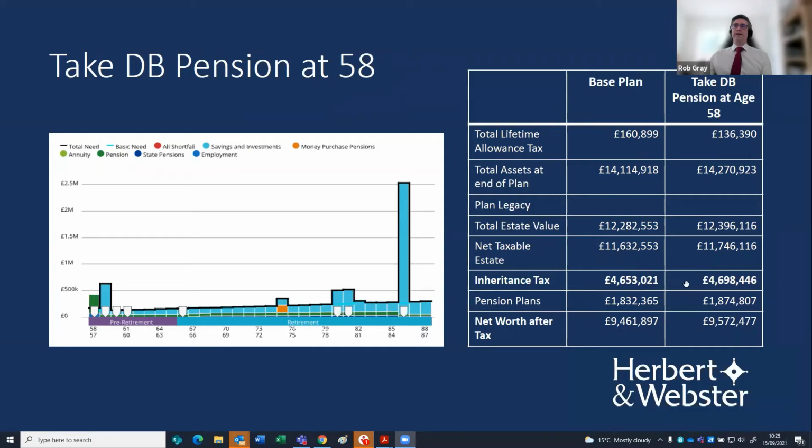So the total amount of inheritance tax that he will pay is slightly higher, which offsets slightly the gains that he makes on the saves. This is because he's got more money coming out earlier. But the net worth of his estate after all of the tax is paid at the end of the plan is 9.5 million, as opposed to 9.4. So actually taking a defined benefit pension at age 58 would seem to be the better option for the client here.